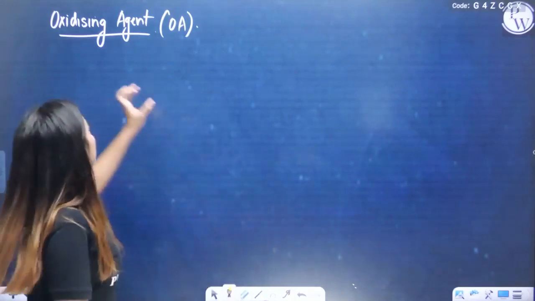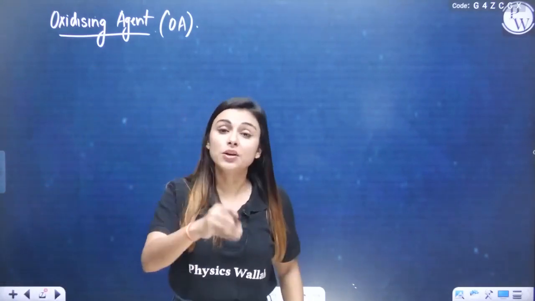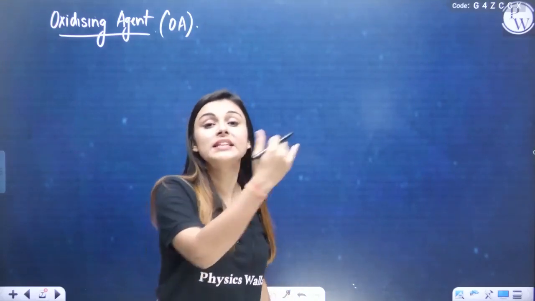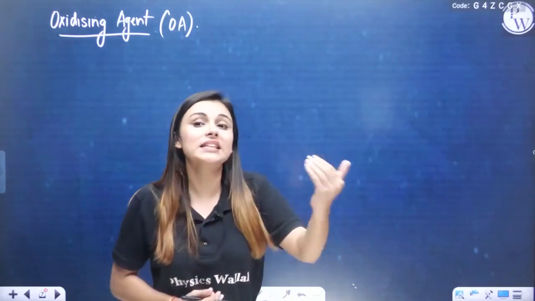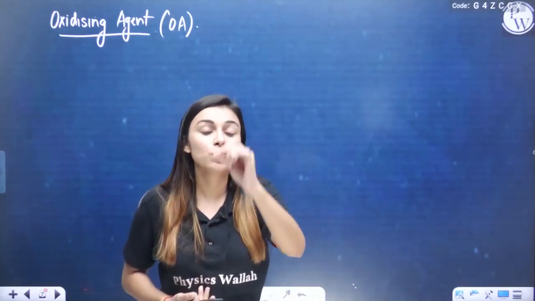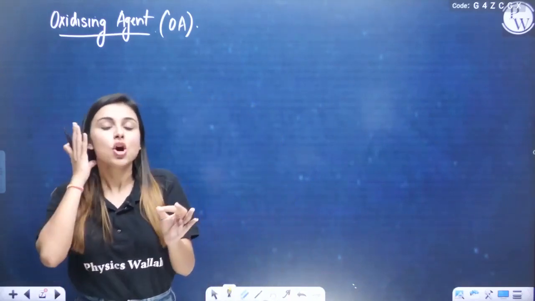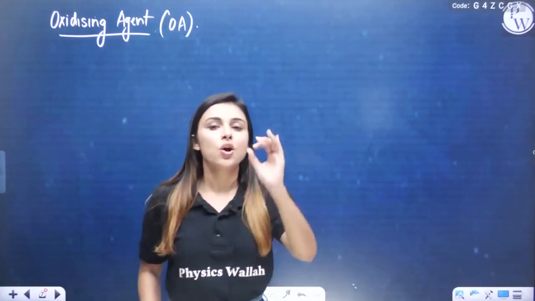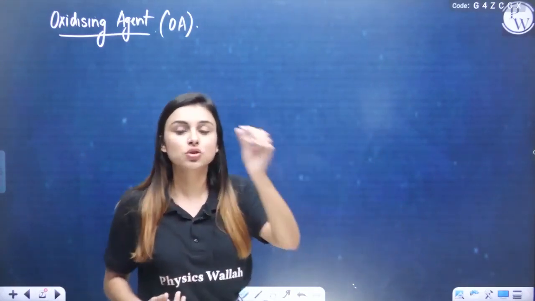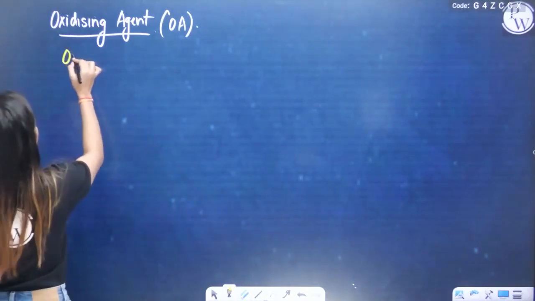So if you have an oxidizing agent, then what will the oxidizing agent do? It will oxidize, definitely, but not itself. It will oxidize the other, and if it is oxidizing the other, this means that it itself is getting reduced. So you need to understand the basic meaning of oxidizing agent. An oxidizing agent is an agent which oxidizes the other and itself gets reduced, right?